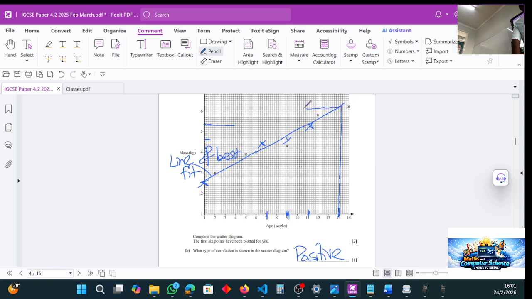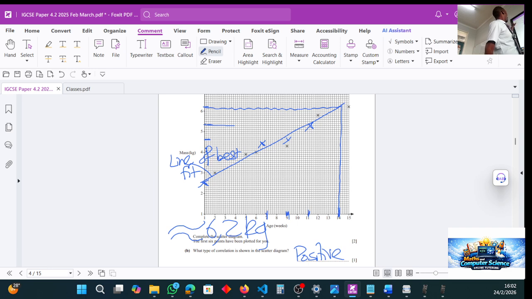When we touch our line of best fit, we go across. It looks like a 14-week-old baby will have a mass of approximately 6.2 kilograms. That will be the rough estimate of the mass.